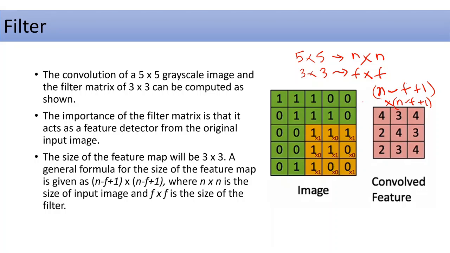If we put our values over here, n is equal to 5, so it is 5 minus f, which is 3, plus 1, which gives us the value 3. Similarly, for the next dimension, it comes out to be 3, so we get a 3 by 3 feature matrix.